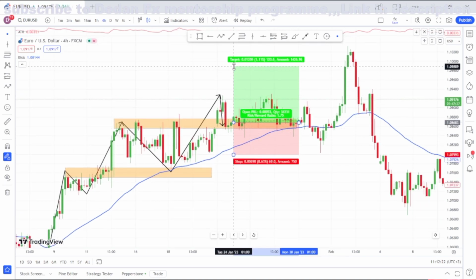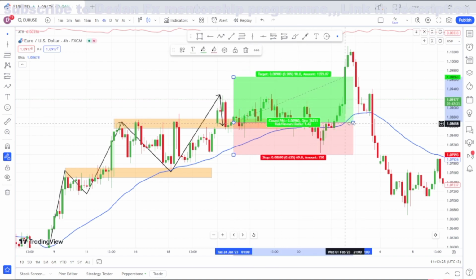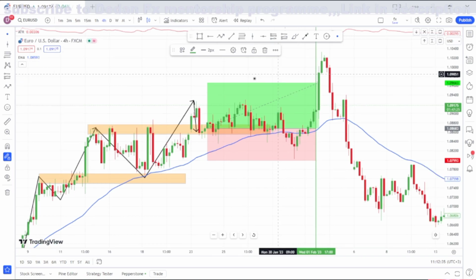My main target is always 1.4 risk reward ratio. So that could have been my target, and you can see that trade immediately hit my target nicely. So that is how you backtest.